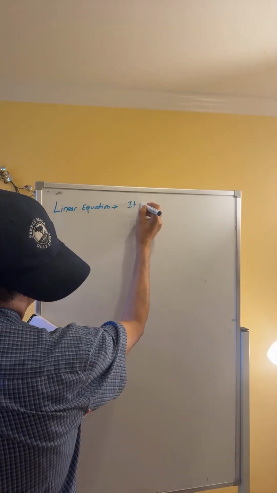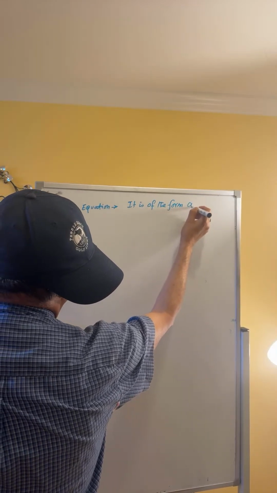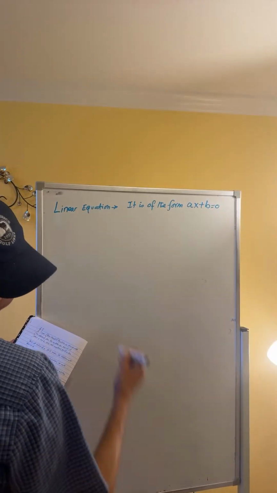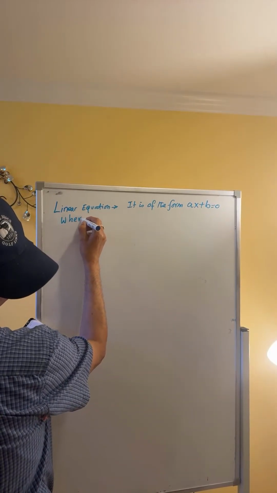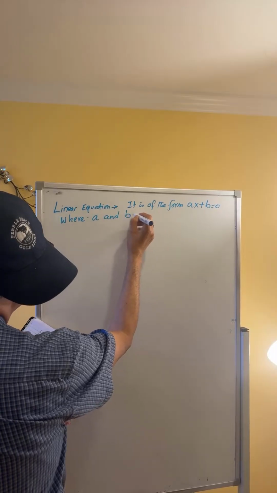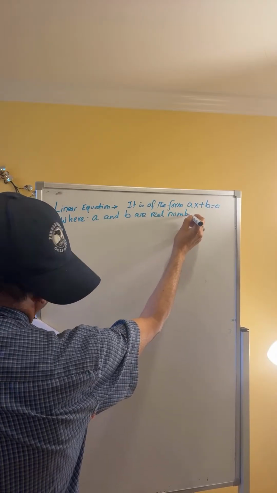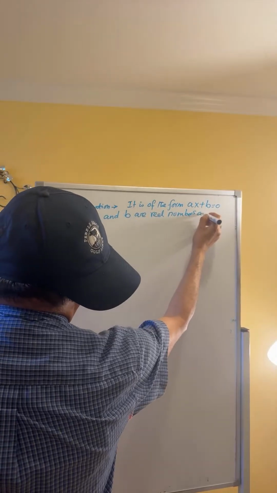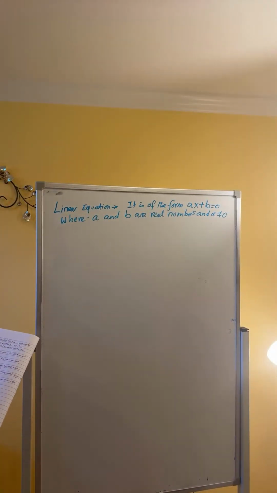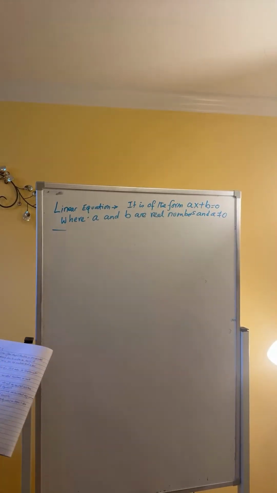It is of the form ax plus b equal to 0, where a and b are real numbers and a is not equal to 0. So that's a linear equation, ax plus b.